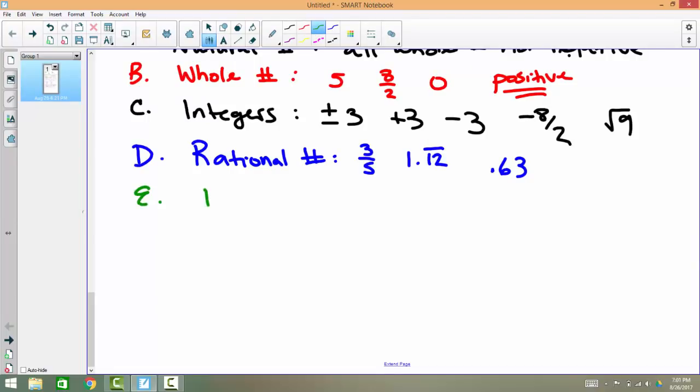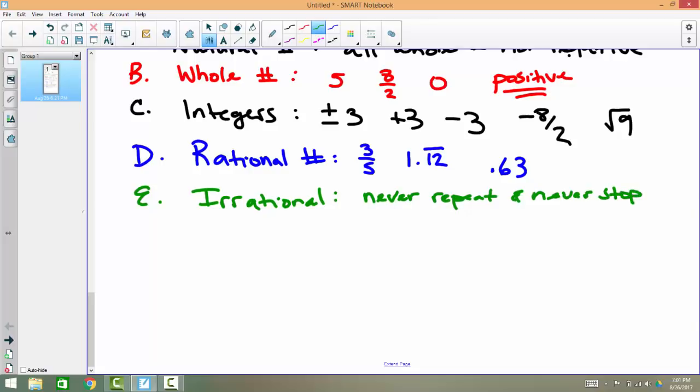Irrational numbers are numbers that never repeat and never stop, like a decimal. A very popular irrational number is the number pi.